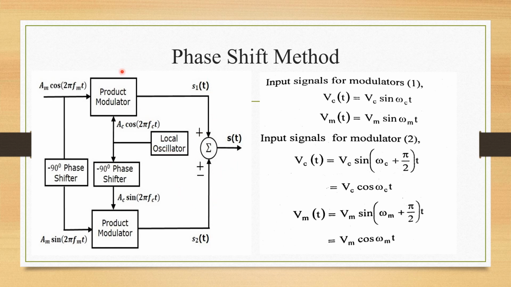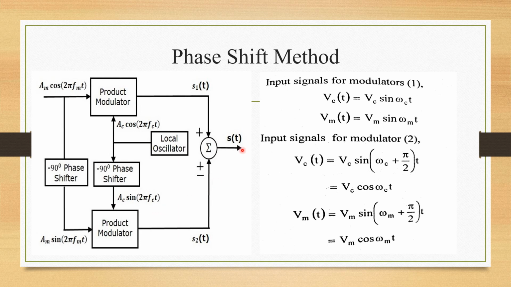The output of the product modulator is going to contain both the message signal and the carrier signal. The first product modulator input is going to be Am cos 2 pi fm t and Ac cos 2 pi fc t. For product modulator 2, we have Am sin 2 pi fm t, that is the message signal, and the carrier signal Ac sin 2 pi fc t.